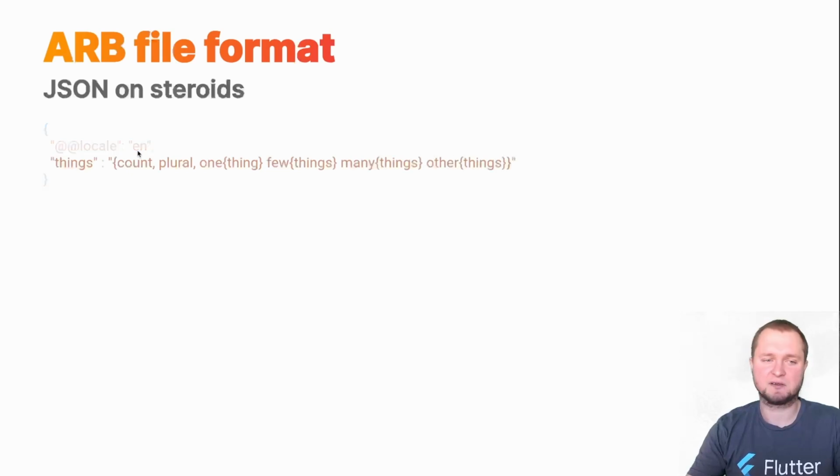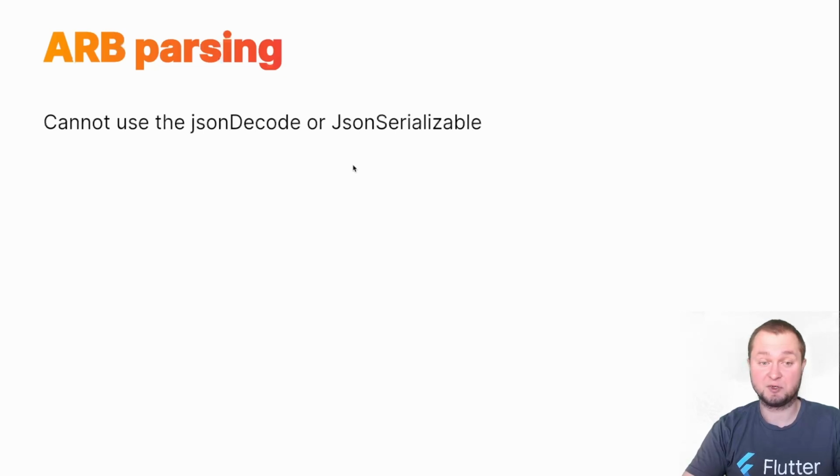ARB is just a JSON on steroids. From the external point of view, it can be treated as a JSON. So there are simple key value pairs. But the plural has an internal structure. So in terms of JSON, it's a string, but there are curly braces and the plural keyword here and keywords for all the quantities here. So you cannot use, for example, JSON decode or JSON serializable libraries for that.